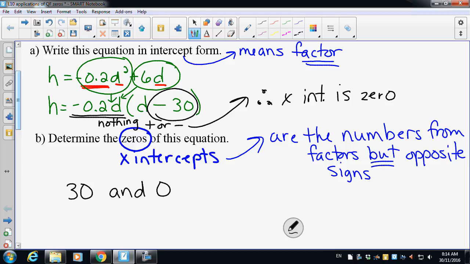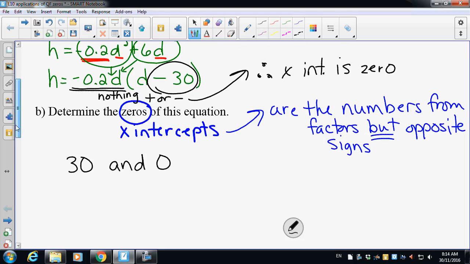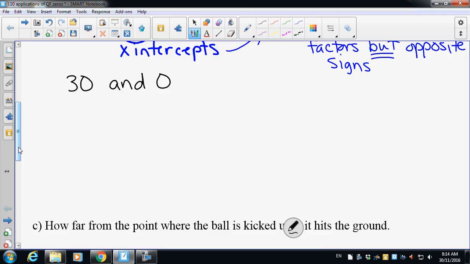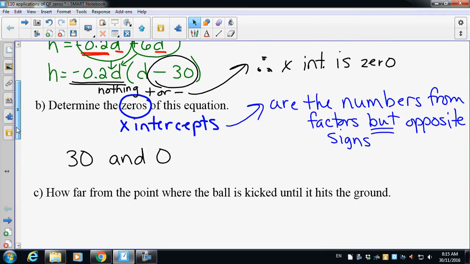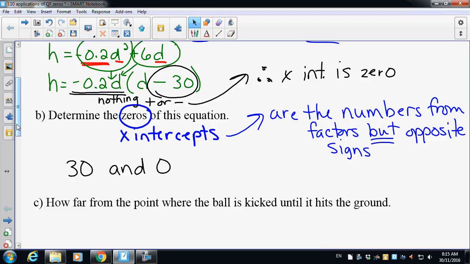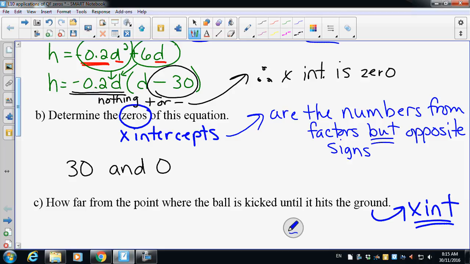So we wrote it in intercept form. That meant we had to factor. We determine the zeros. Those are the x-intercepts. So the x-intercepts come from the factors, but opposite signs. Let's see what's next here. How far from the point where the ball is kicked until it hits the ground? Whenever it refers to something hitting the ground, it's generally referring to your x-intercept.